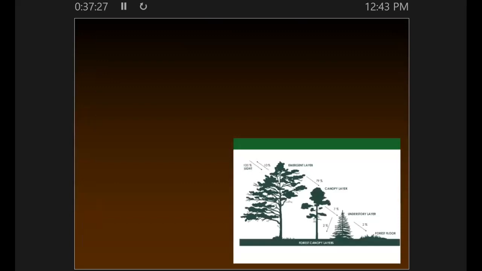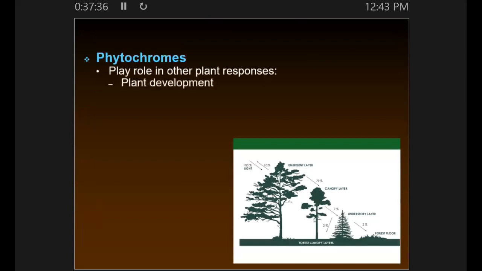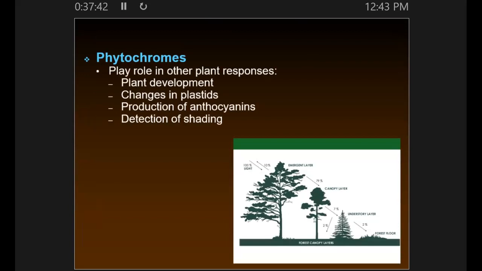So phytochromes are really, really important for flowering. The plant is assessing day length versus night length. But the more they study it, they're finding other things that phytochromes can do for the plant. So overall plant development, they know that phytochromes are responsible for part of that. They're not the only thing, but they play a role.